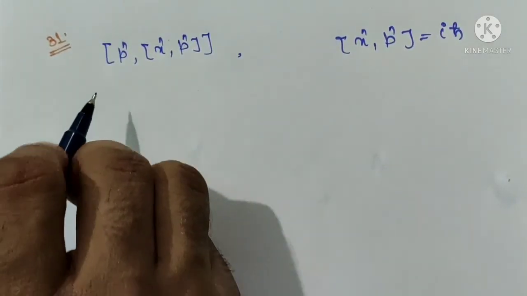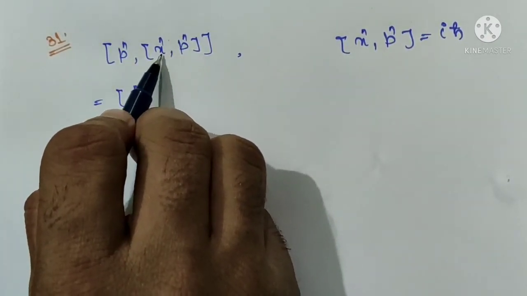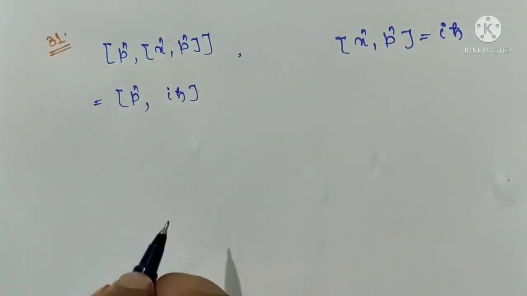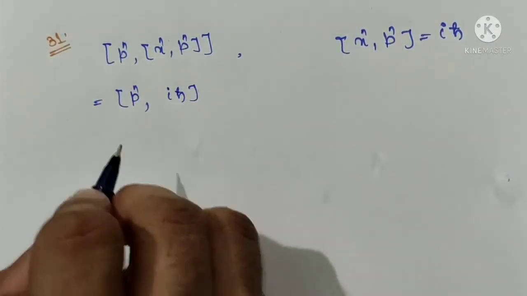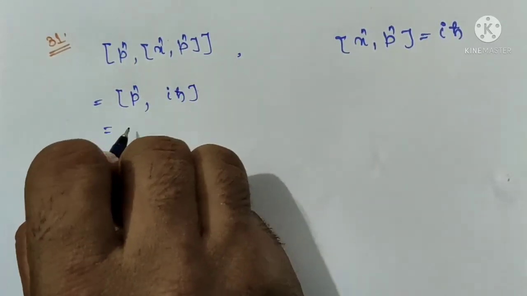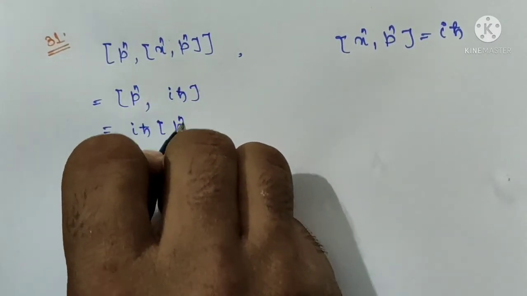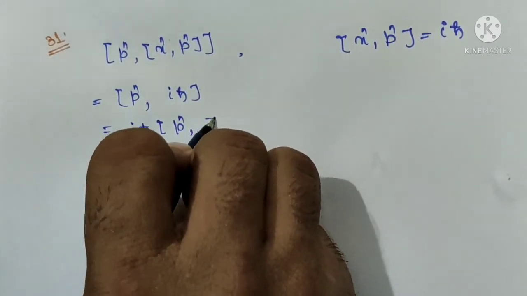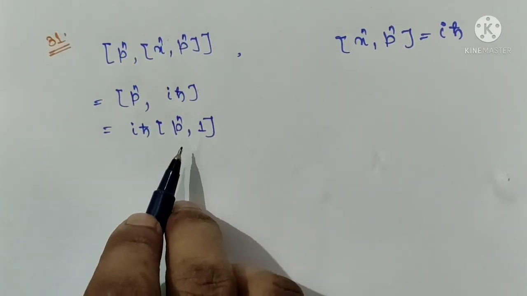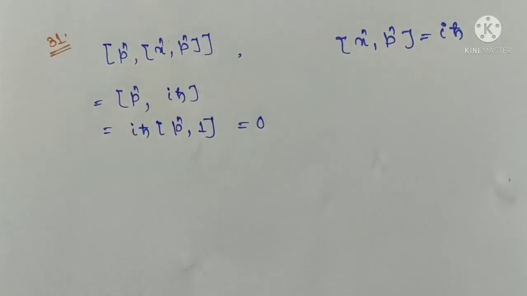The commutator of X and P is iħ, look, this is a constant, so it can be taken out of this commutator bracket. Now iħ times the commutator of P cap and 1, and we know any operator commutes with a constant, so this is equal to 0. So your correct option is option B.